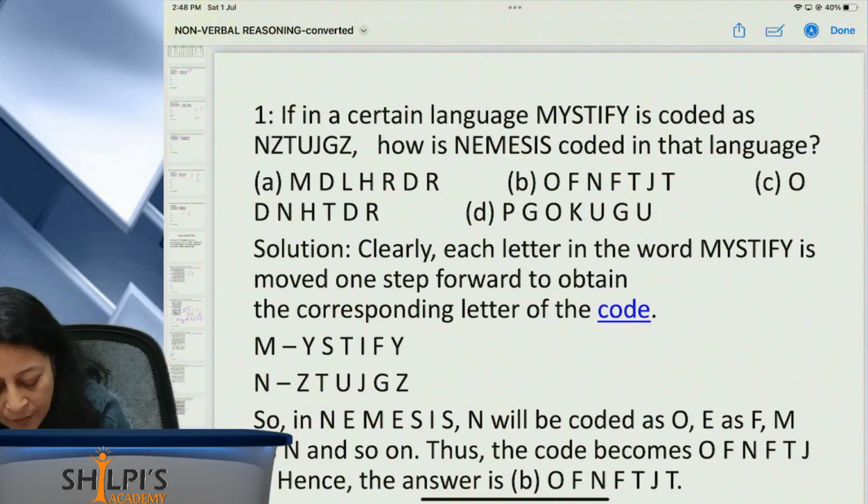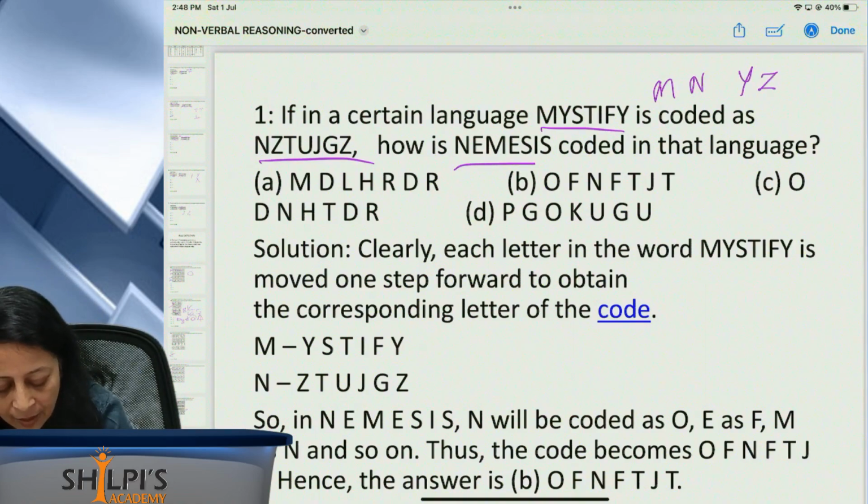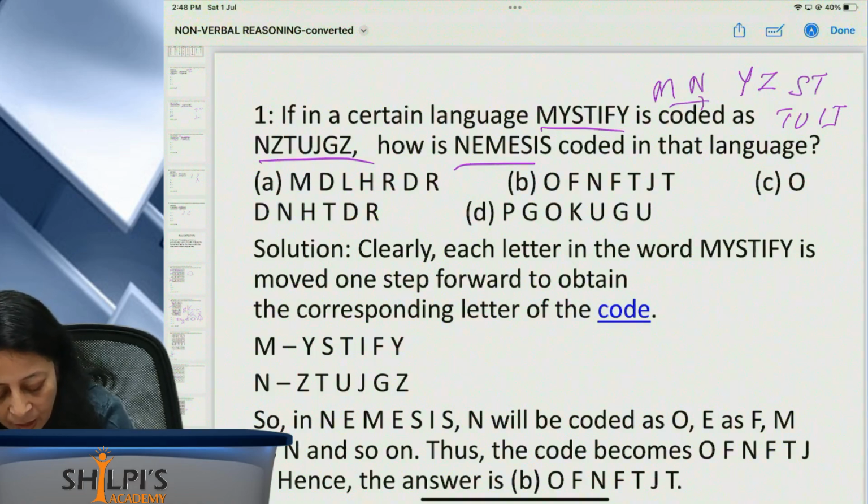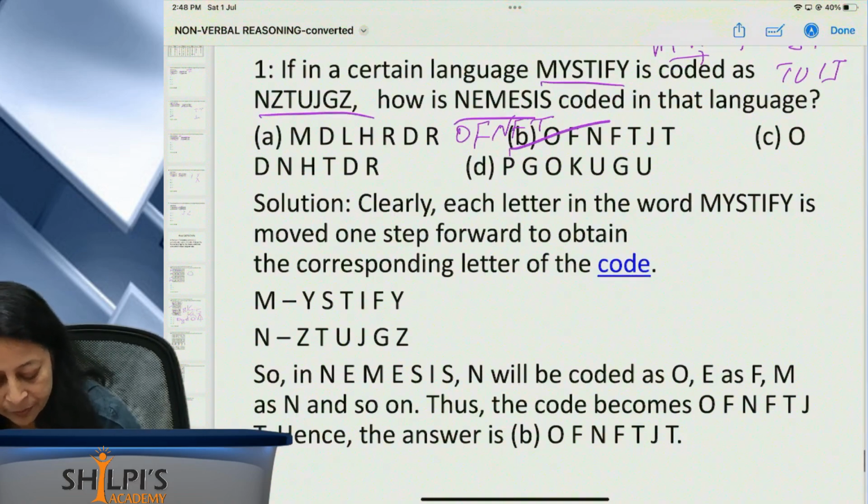Mystifies is coded as so and so. How is nemesis coded? M, N, Y, Z, S, T, I, J. So you can see that it is your next alphabet. So N, O, E, F, M, N, E, F, T. Let us see which option goes with O. So option B. Got it, students?